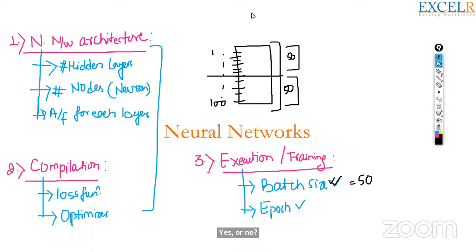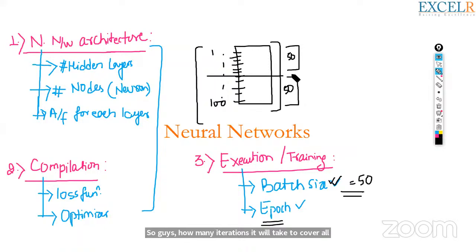Okay, cool. And then, guys, we have something called an epoch. See, if my batch size is 50, how many iterations will it take to cover all the data? How many iterations will it take to cover all these 100 records if my batch size is 50?